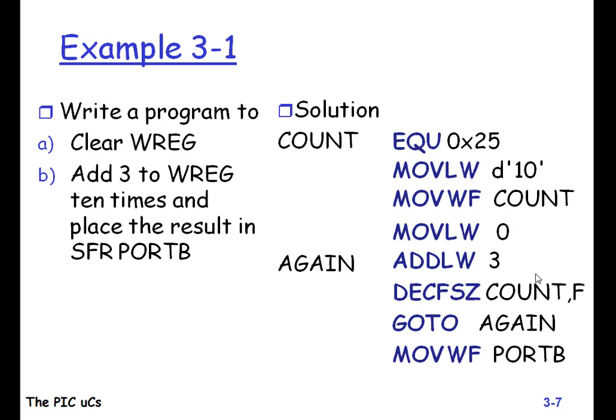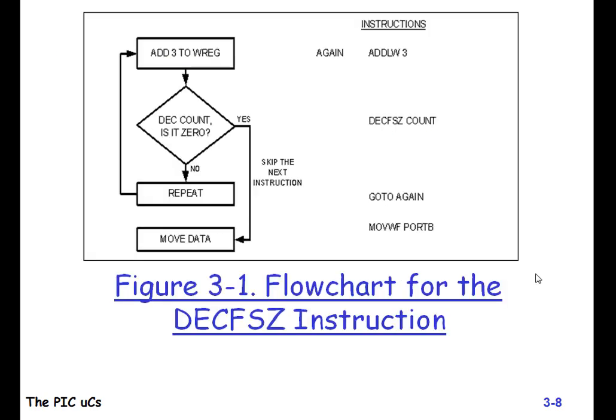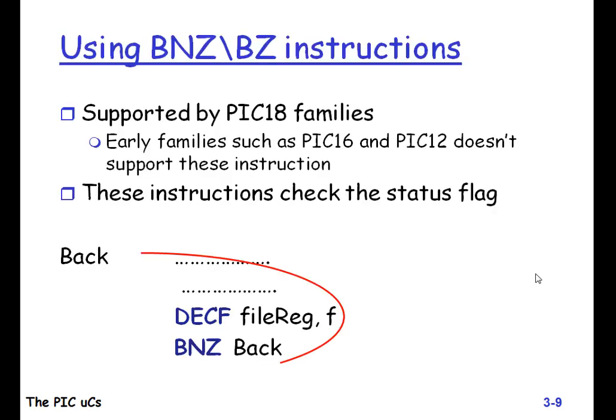There is an example of a simple program in which we clear the W register, then add to it 10 times and place the result in PORTB. On the right side you see the solution, how it works step by step, and there is a flow chart of the previous example showing how this statement will be operated.